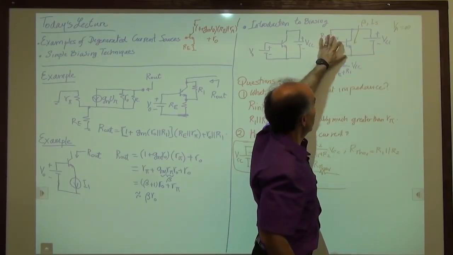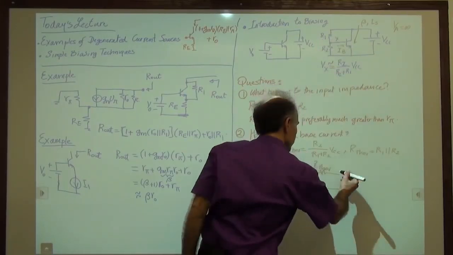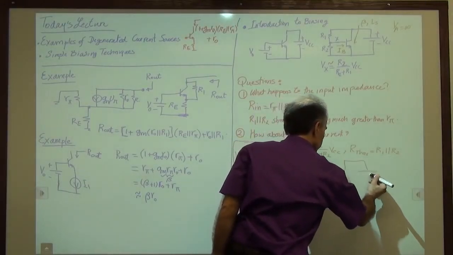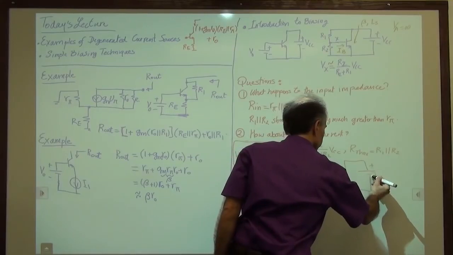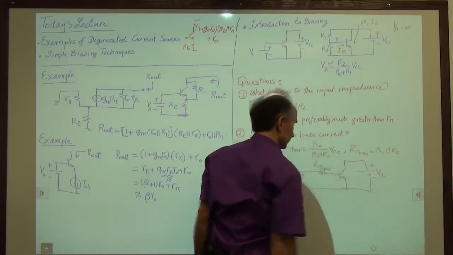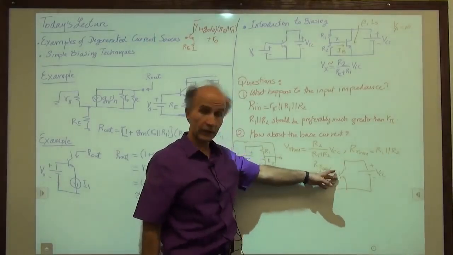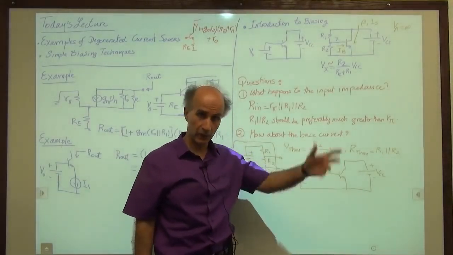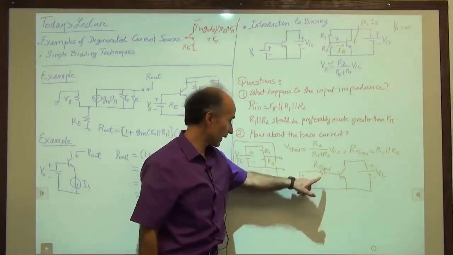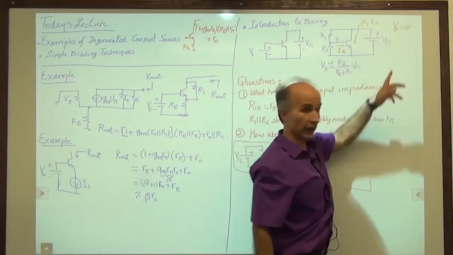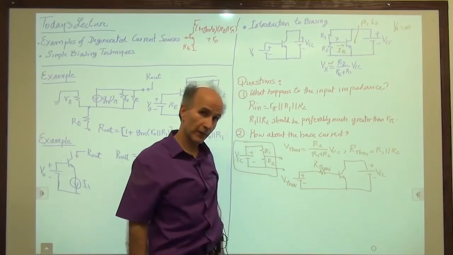And now this goes to the base emitter of this transistor. And my objective is to find everything, find the collector current, the base emitter voltage, etc. Given that I know this value, I know this value, I know this value, and I know beta and IS. So how do we solve the circuit?